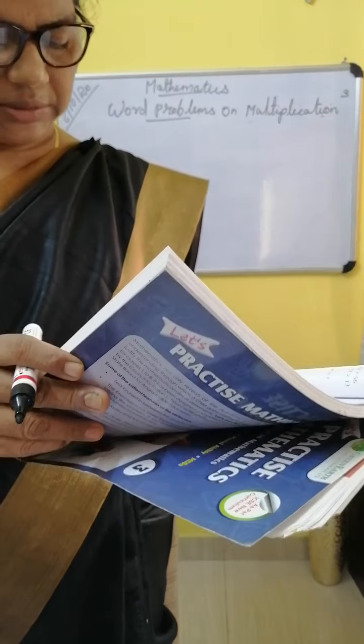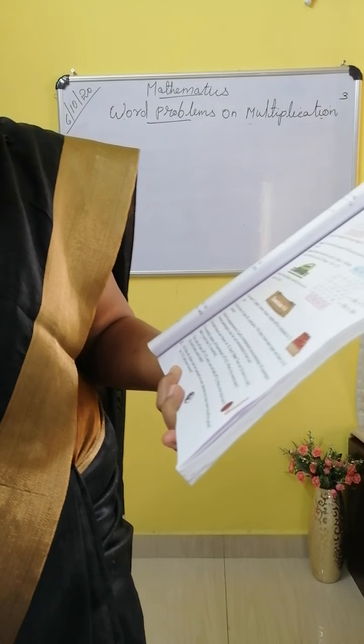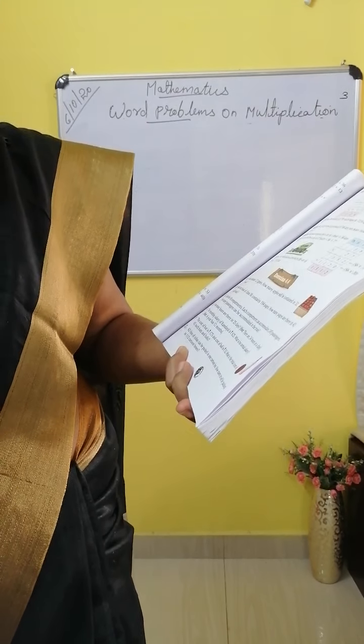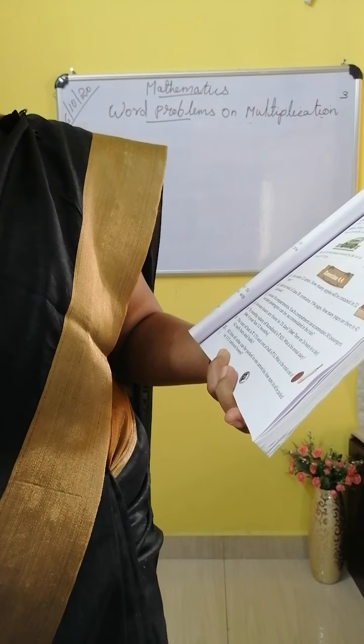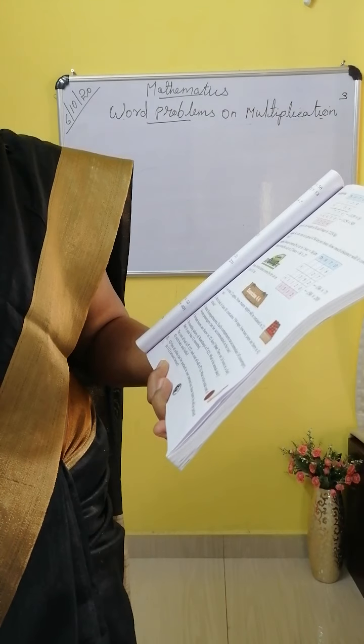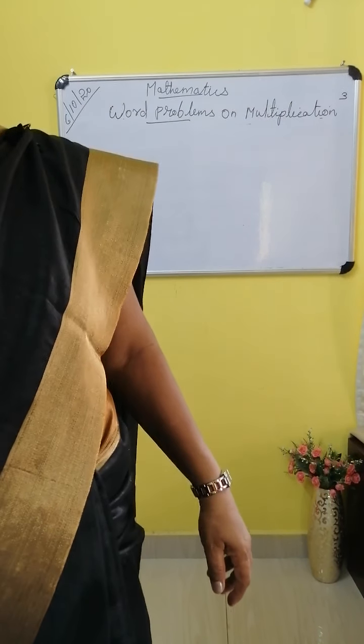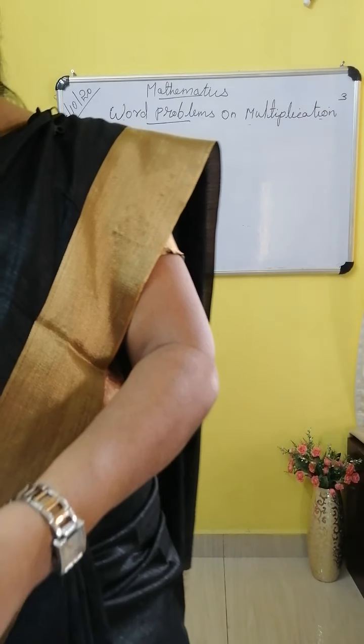So first of all, let us write a statement from the first sentence. How can we make one statement from that? Number of tins in one box.